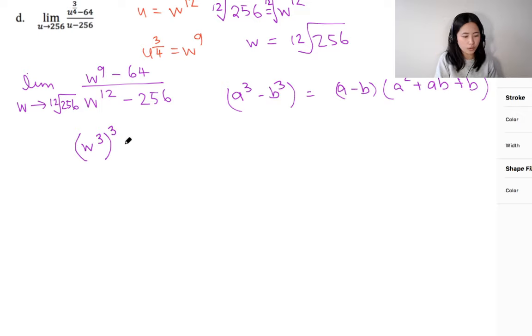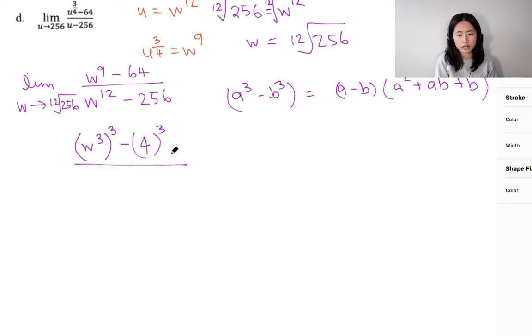And then you have minus, because this is 64, you need to think of a number which you can raise to an exponent, which needs to be 3 as well, because that's the goal. So maybe if we think about having 4, because if you try raising this to the power of 3, it's going to give you 64. So if we have 4 enclosed in a bracket, raised to the power of 3, you would end up with 64.